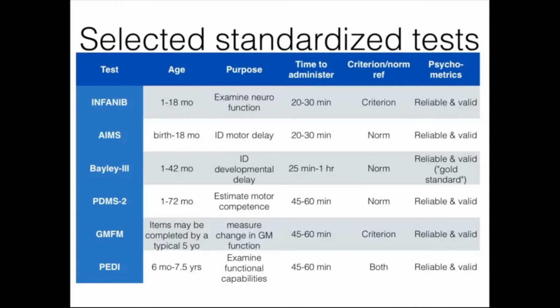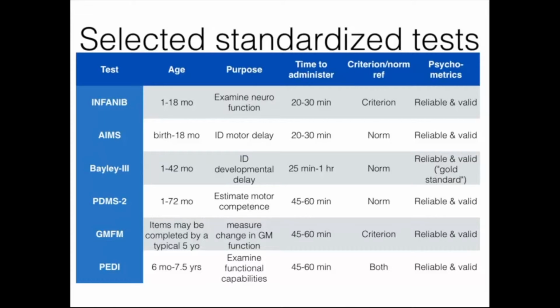This is a table of selected standardized tests, and these are tests that are actually available in our physical therapy department, and you'll be able to choose from these tests to actually practice administering on children as part of this course. You can review this chart and see that each test has its own age range and purpose.